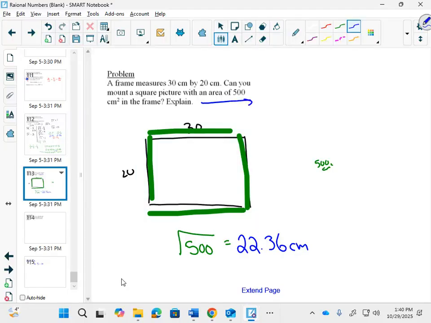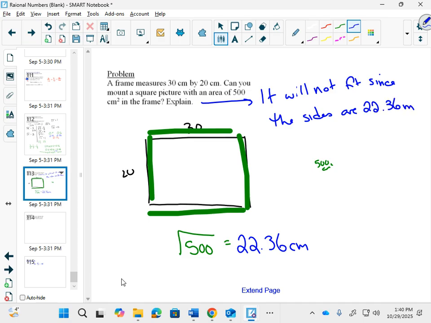It will not fit since the sides are 22.36 centimeters, which is more than the 20 centimeters. The 30 centimeter side is fine. It's that 20 centimeter side that causes us a problem.